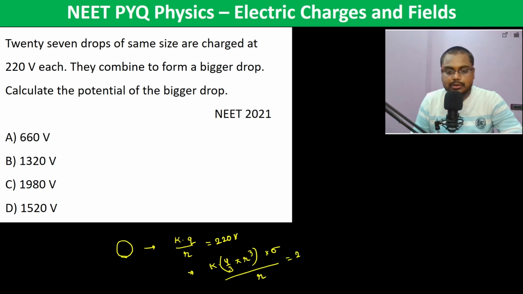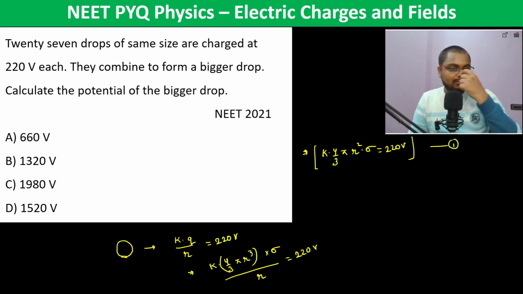This is going to be 220 volts. So therefore k into 4 by 3 into pi into r square into sigma is 220 volts. Let us keep this in mind.